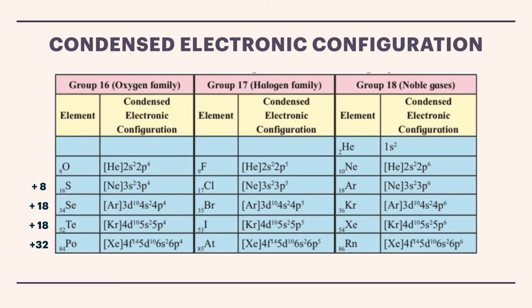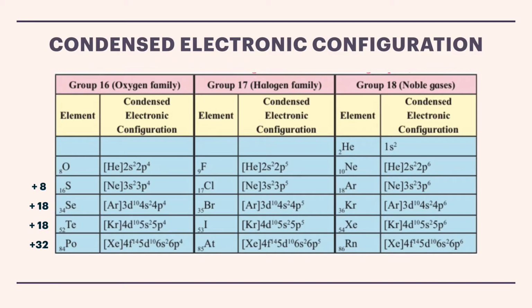Similarly for tellurium, it will be krypton, Kr, n minus 1 d, where n is 5, so it will be 4d10 5s2 5p4. Last one, polonium, where the f orbital is also there. When you write the normal electronic configuration of all the elements in this group, you will understand that selenium and tellurium have d orbitals, and polonium has d as well as f orbitals.